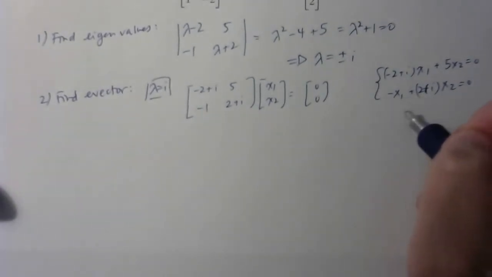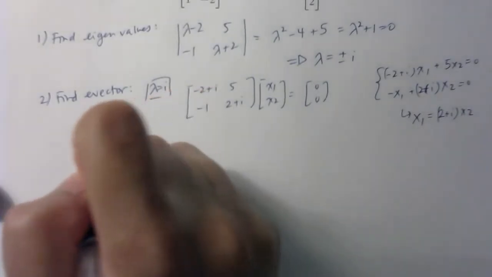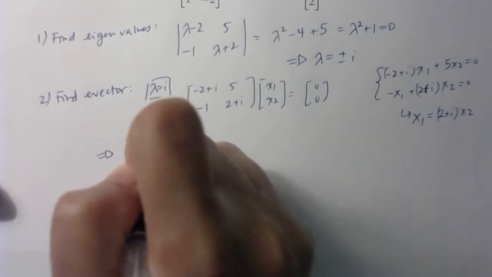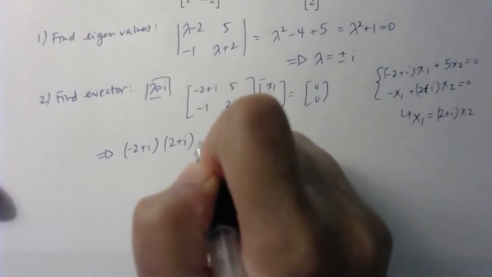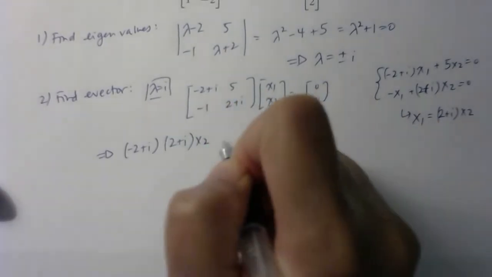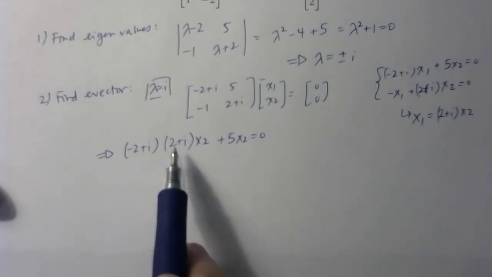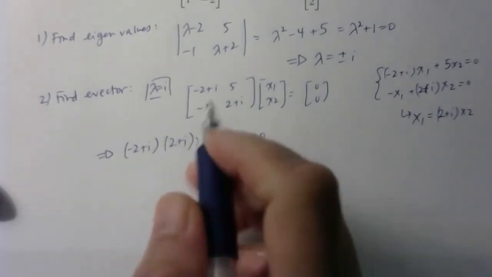So let's just say this equation is x1 is equal to 2 plus i x2, and plug it into the first equation, which means minus 2 plus i times 2 plus i x2 plus 5x2 is equal to 0. Let's multiply that out. So that's minus 4 minus 2i plus 2i.